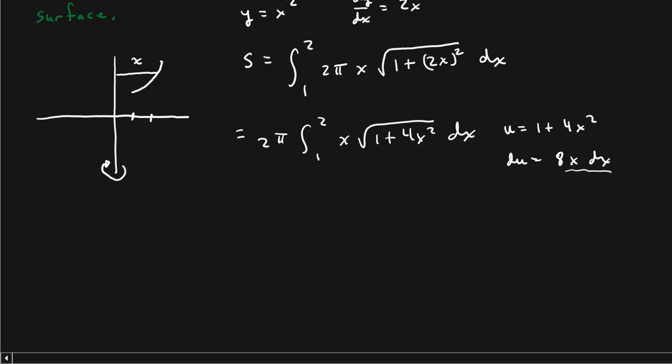We've got x dx, we're missing the 8 here. So we multiply by 8, which means we've got to go out there and divide by 8. And so we get pi over 4 times the integral of u to the 1/2 du.